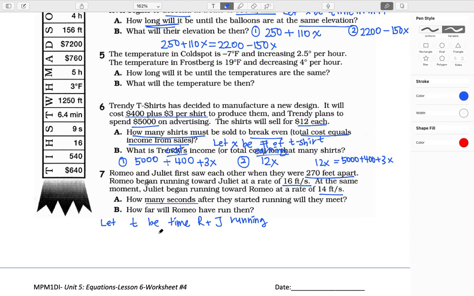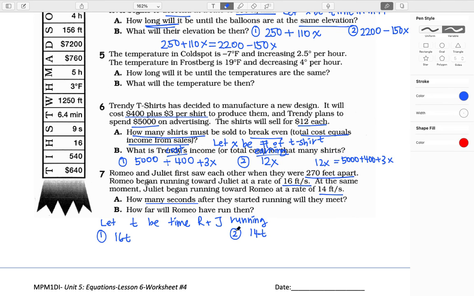Okay. So we have to figure out the distance for Romeo and for Juliet. Romeo was running towards Juliet at 16, so it's 16 times time, at a rate, right? Because it's 16 feet per second. So 16t for Romeo. And for Juliet, it's 14 times t.